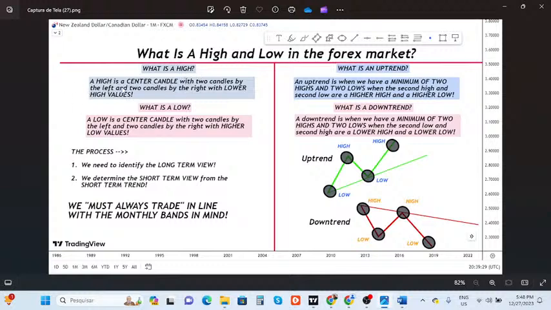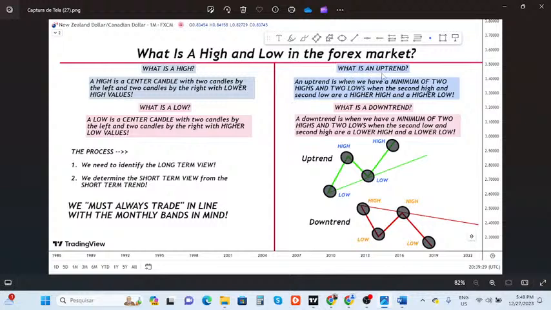A high is a center candle with two candles on the left and two candles on the right with lower high values. And what is a low? A low is a center candle with two candles on the left and two candles on the right with higher low values.